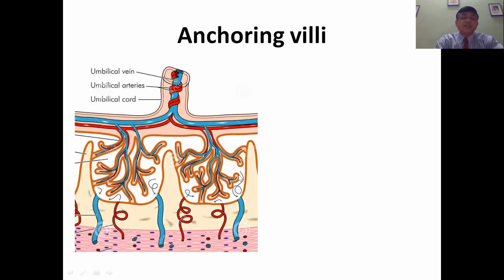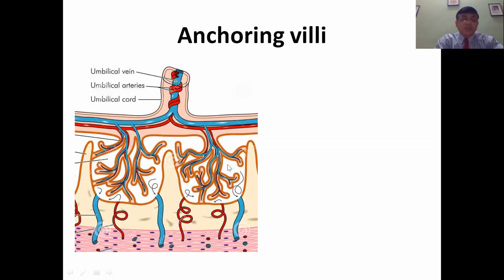We have seen that in the syncytium develop the lacunae, which are filled by the maternal blood. So in the maternal blood, these villi are floating. These free floating villi are also called free villi. So we have an anchoring villus from the chorionic plate to the basal plate, and we have free villi floating here in the intervillous space.